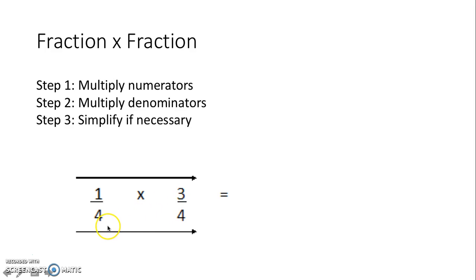Step 2 is to multiply the denominators, which is 4 times 4, which is 16, so when you put them together, it's 3 over 16. Step 3, simplify if necessary. Now this fraction, as you know, you cannot simplify because there is no number that can go into both 3 and 16. So you need to write on your paper next to your example, equals 3 over 16.